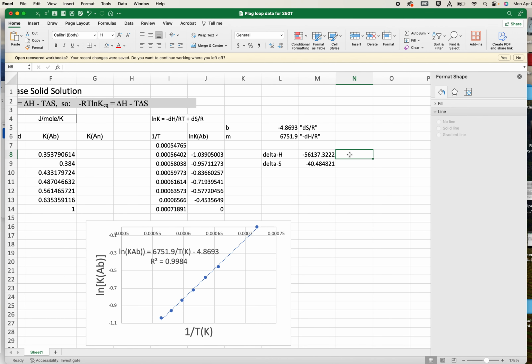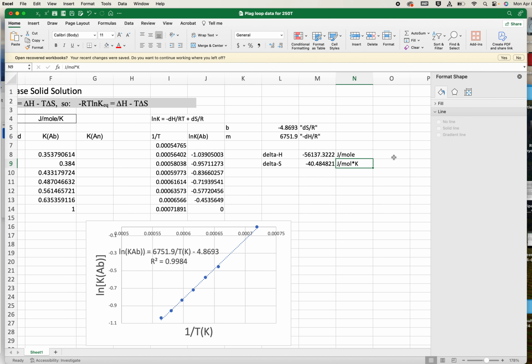So this would be joules per mole. And the only way the delta S can cancel out all its units is if it has the same units of R, which is joules per mole dot K. So these are the units that we get.